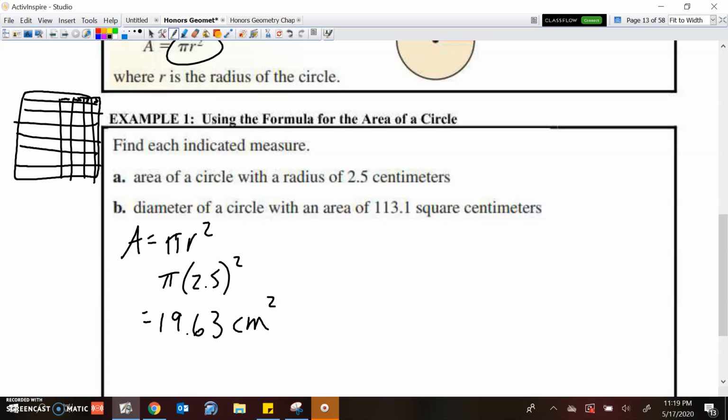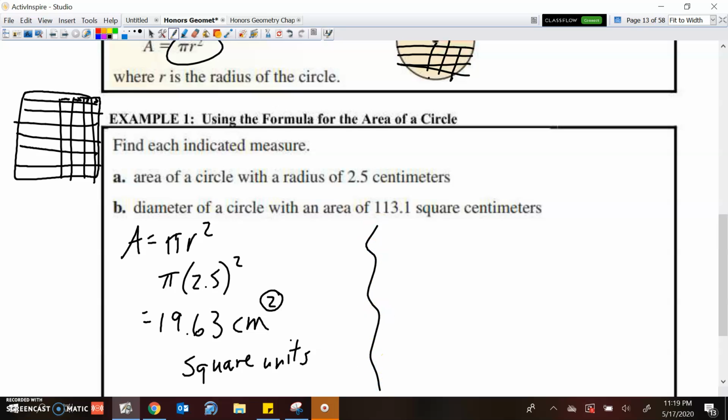It's just less obvious because we have portions of squares that are created, but it's all accounted for based on that formula. So we're saying how many square units, or in this case, square centimeters. Another way of writing it is centimeters squared, but sometimes people wonder why that squared is there.